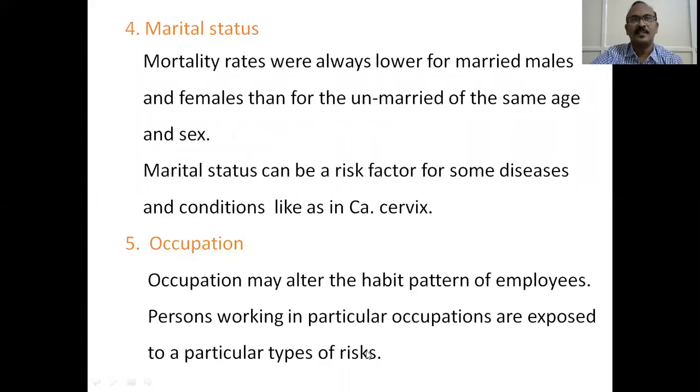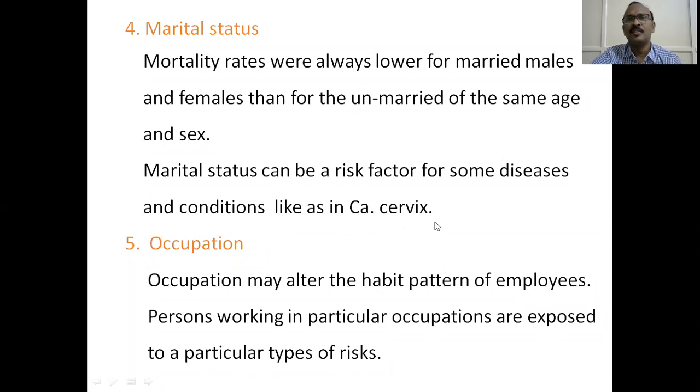Marital status. Mortality rates are always lower for married males and females than for the unmarried of the same age and sex. Married people are found to be more sober and more protected compared to unmarried people. And sometimes the marital status can be a risk factor for certain diseases and conditions like carcinoma cervix.